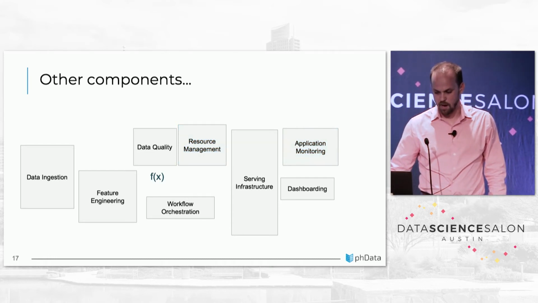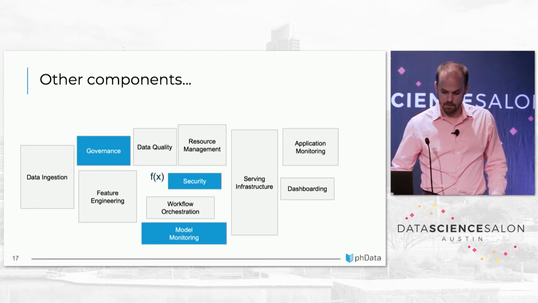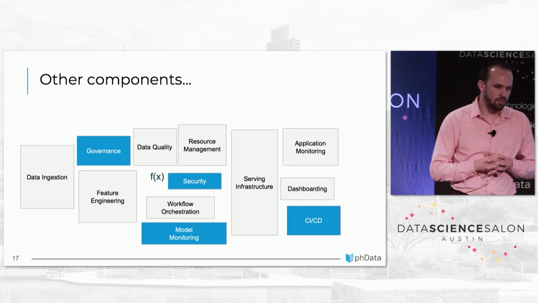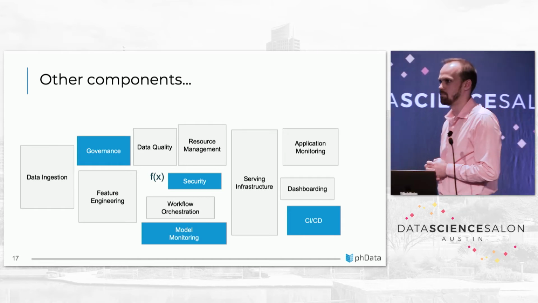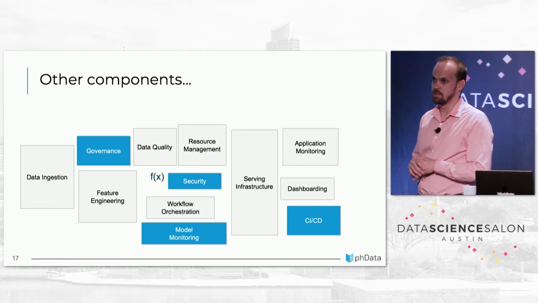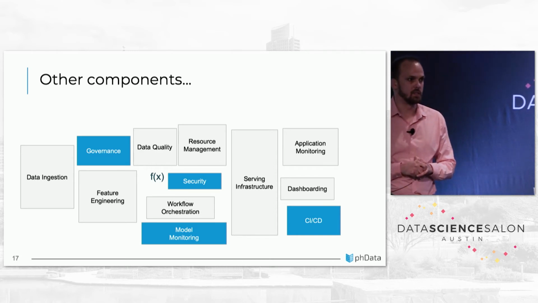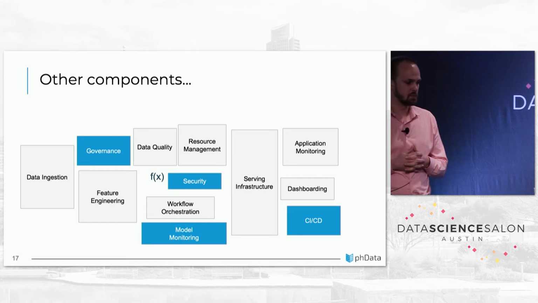And again, I know these are boxes on a screen, so it probably doesn't mean a whole lot to you, but it's important that you first understand the capabilities. For governance, that's a pretty broad bucket, and I don't mean to suggest that what we're going to talk about is the only piece of governance that matters, but the more immediate one that I've seen at companies is the need for lineage from training all the way to production.